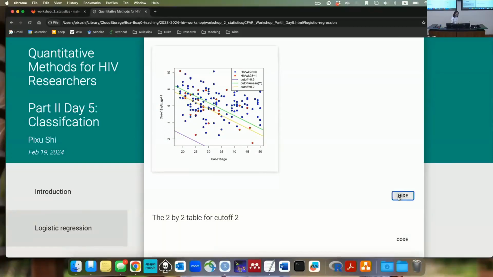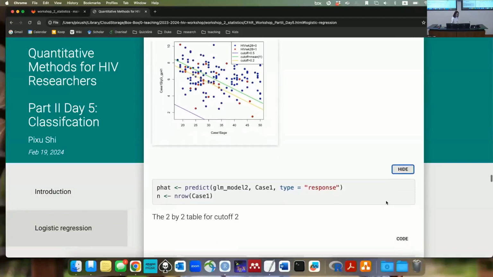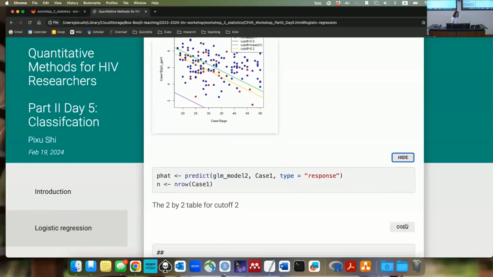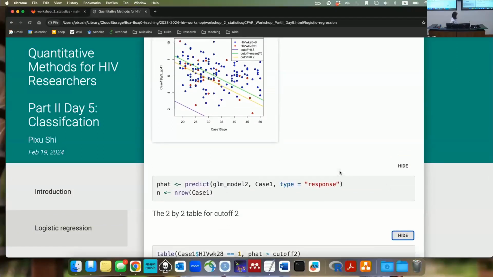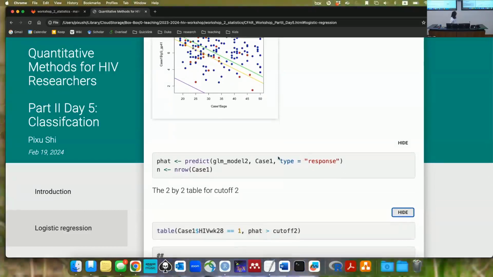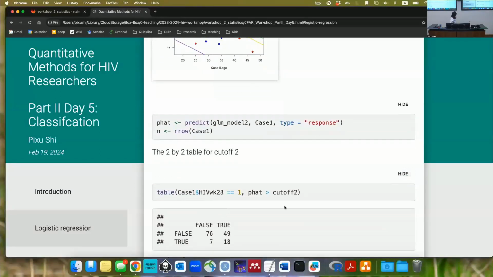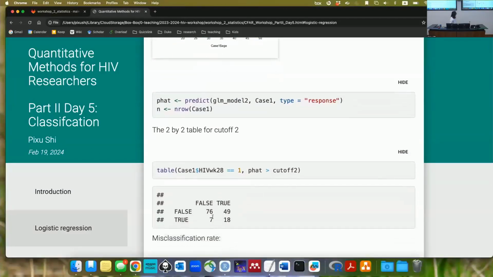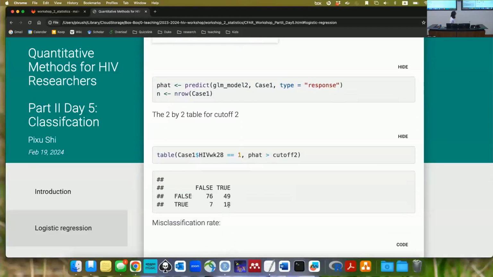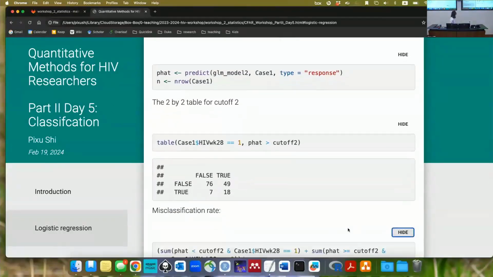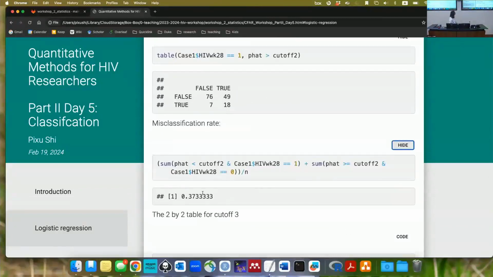And for our case, if we choose the cutoff to be the mean of the cases, this is the 2x2 table showing those are the correctly classified ones, and those are the wrongly classified ones. If you take the proportion of them, it's going to be this number. This is the proportion of wrongly classified samples.